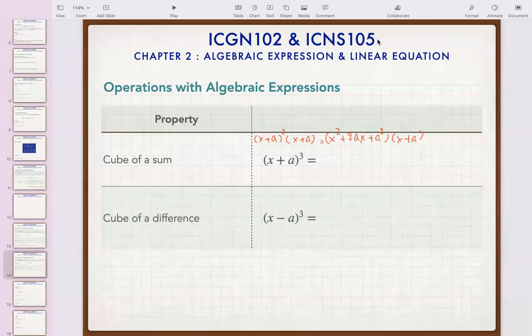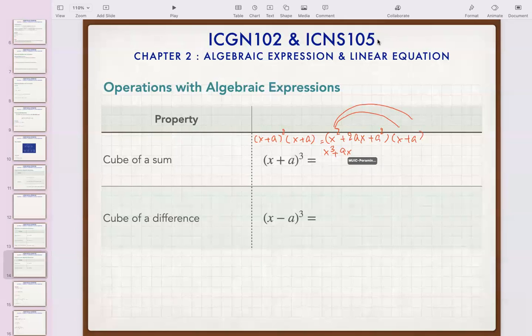In this one I start by multiplying the first term, x squared, by x and then x squared by a. I get x cubed plus a x squared.